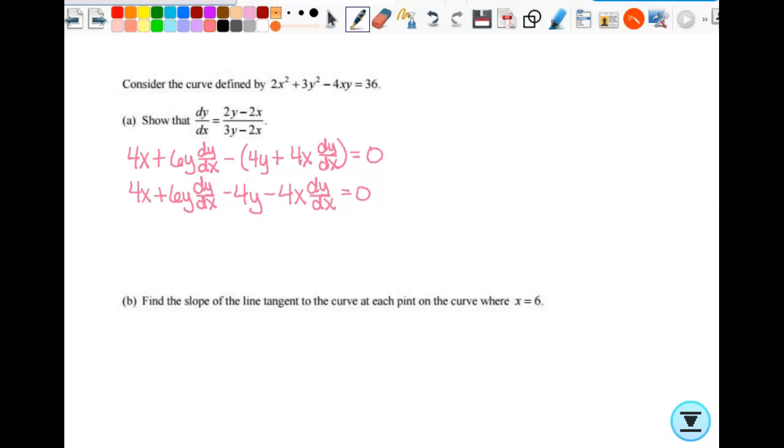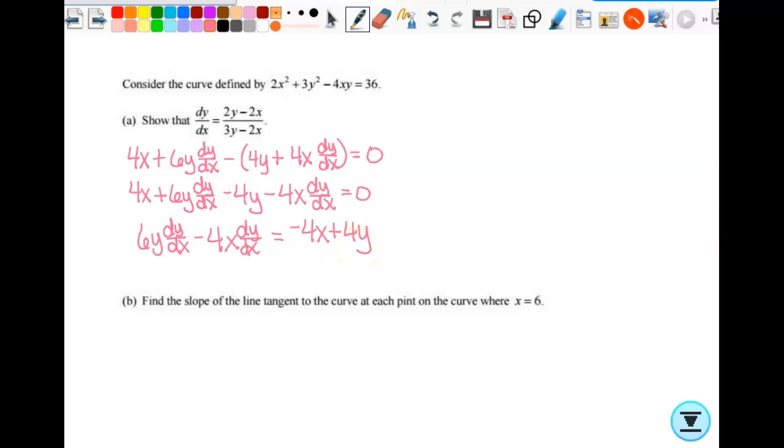But then I'm going to leave everything that has a dy/dx on the left, or I can move it to the right, either way. I usually choose to leave it on the left because I think that's the way it was burned into my brain. So I am going to have 6y dy/dx minus 4x dy/dx. And then I'm going to move the 4x and the 4y over here, so that would be negative 4x plus 4y.